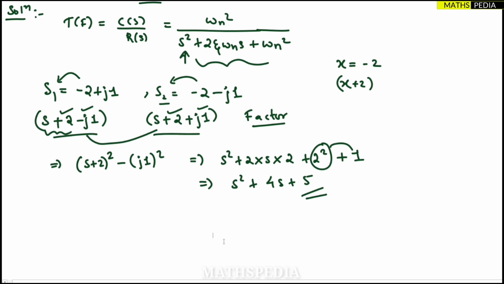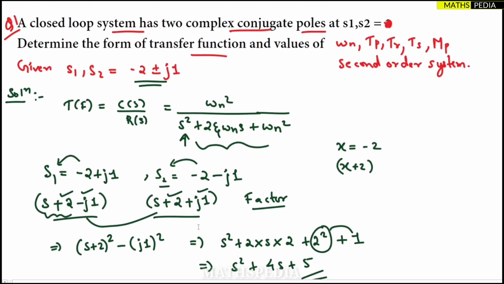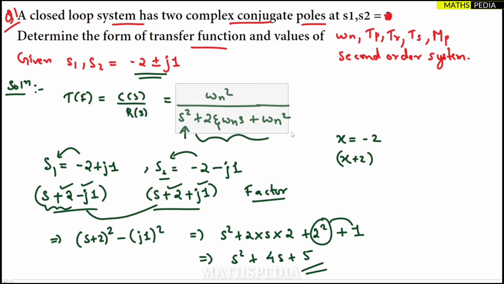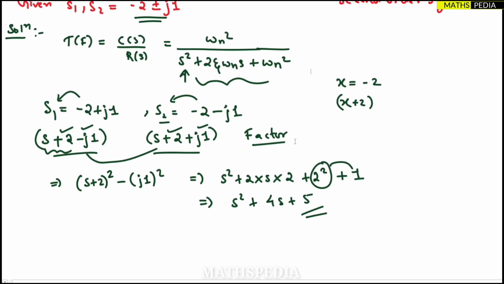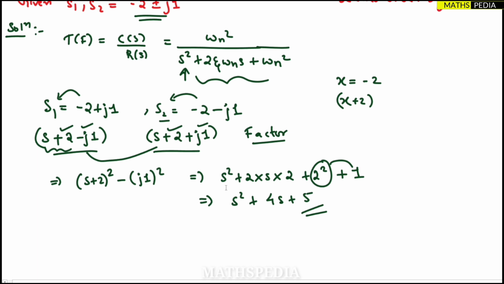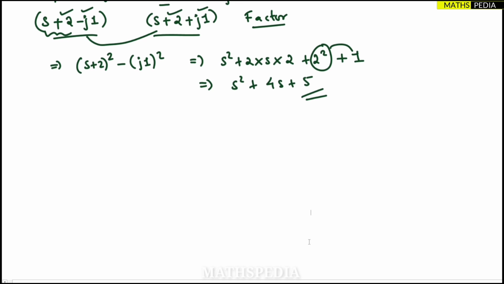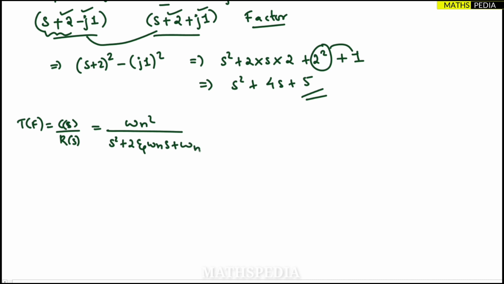Now how to write C of s by R of s? Carefully you have to understand. This is the transfer function. Here, this is omega n square, this is also omega n square, so these two should remain the same. The transfer function C of s by R of s is equal to omega n square by s square plus 2 zeta omega n s plus omega n square.